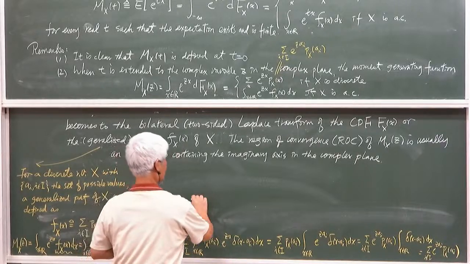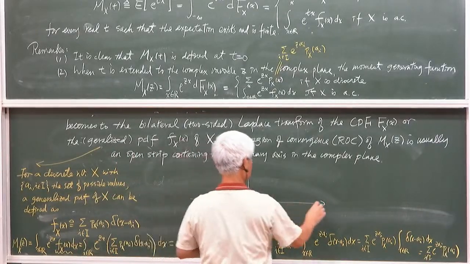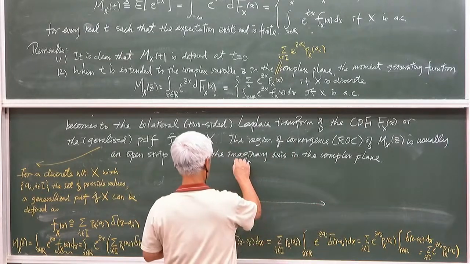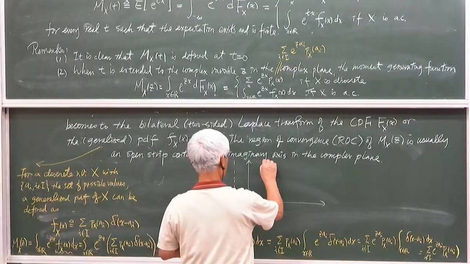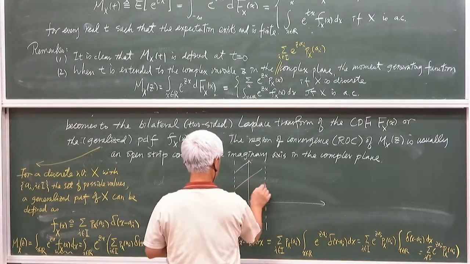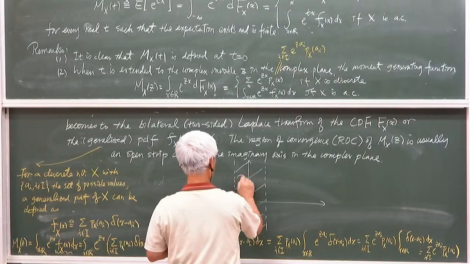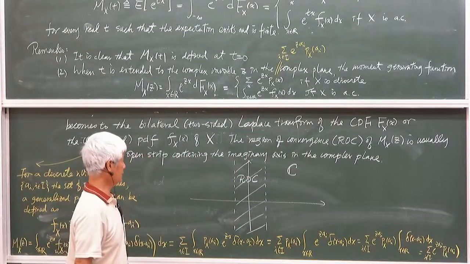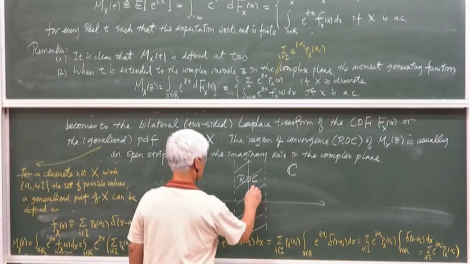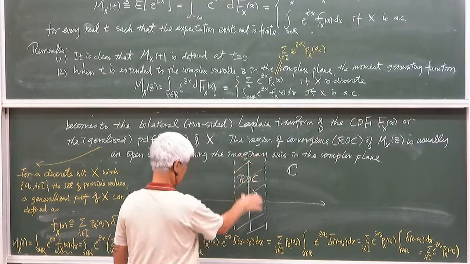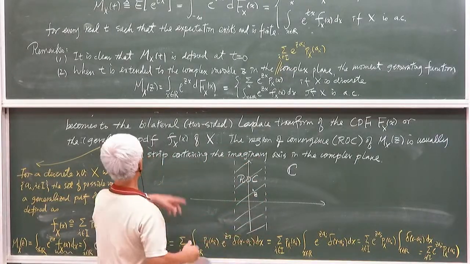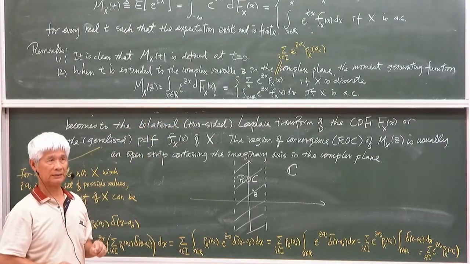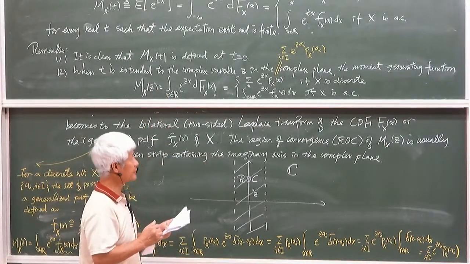So this is the ROC, and this is C here. For every z in this open strip, this Laplace transform converges absolutely, so it always exists there.